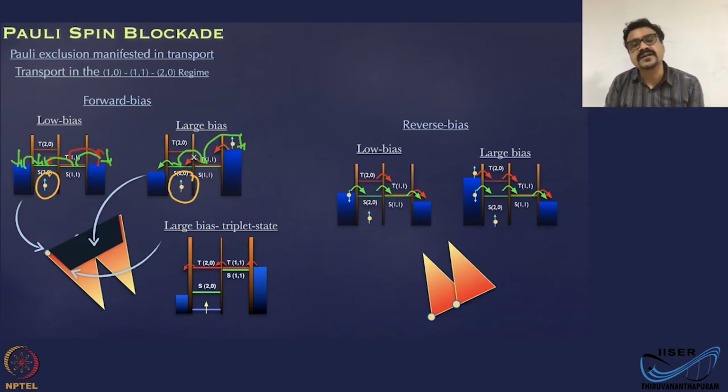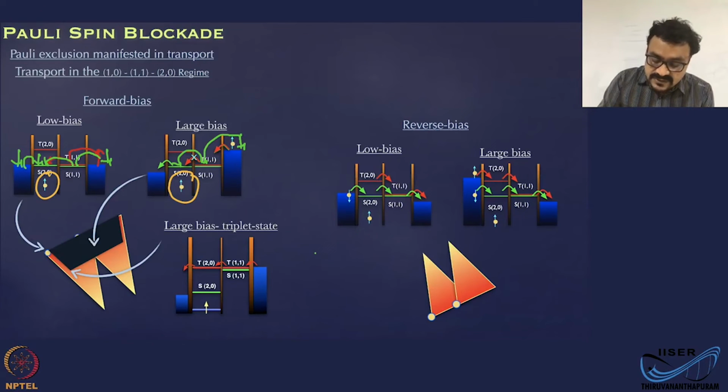You will get a current. But you have equal probability of spin up and spin down electrons in the absence of a field. You have both states degenerate. So no matter what, in a fraction of the time, you will have a spin up electron arriving here.